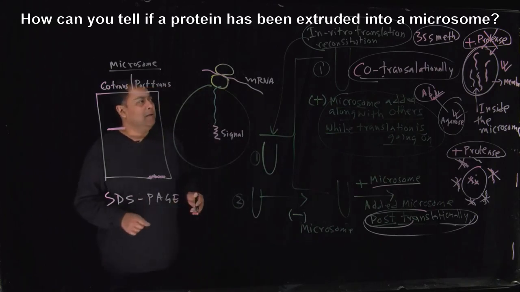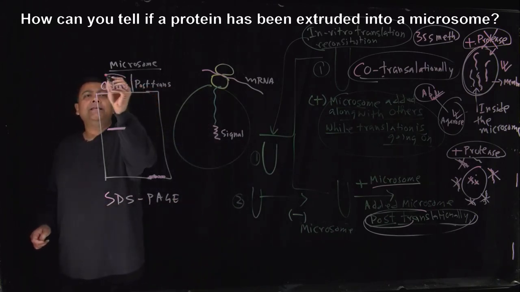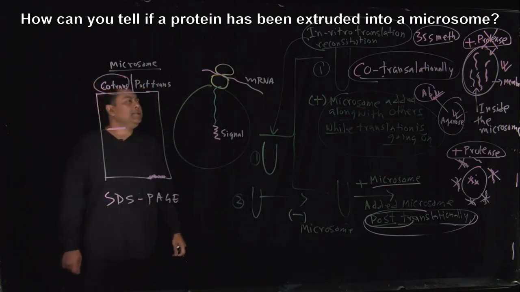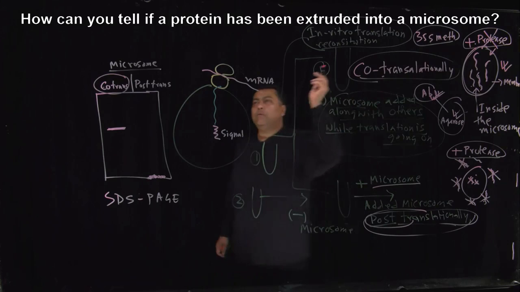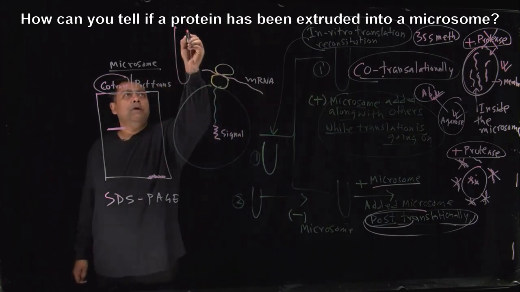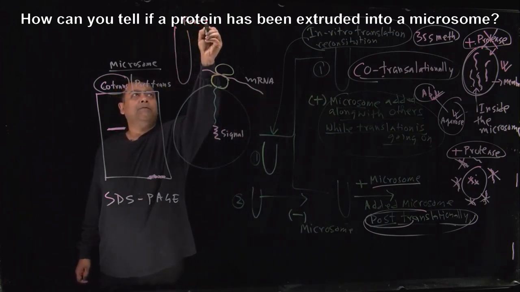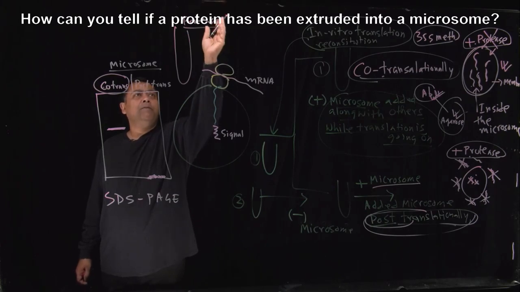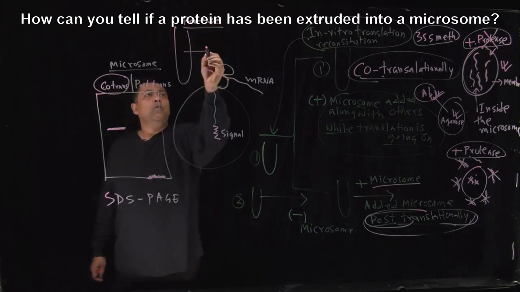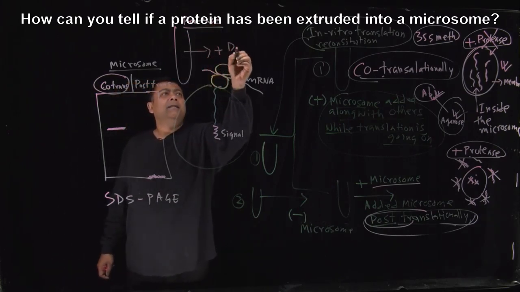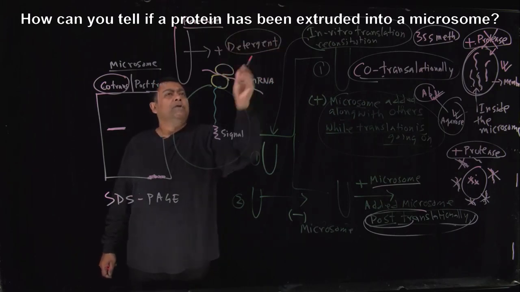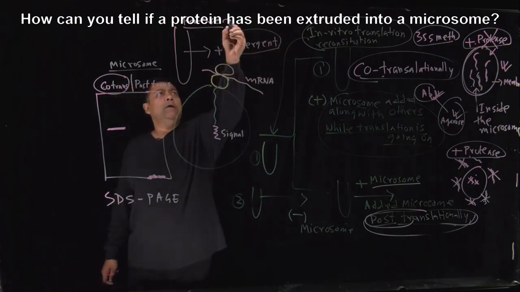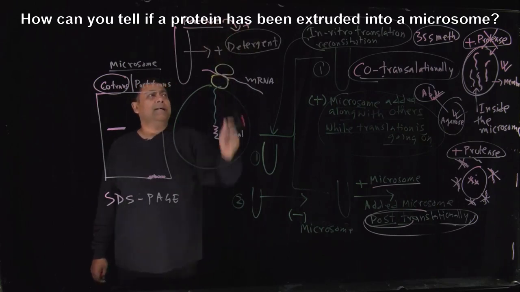We can take this co-translational microsomal fraction, and then we can take a test tube where we have added the protease for sure, but before adding the protease, we do something else. We add a detergent. So after the detergent, we add the protease.